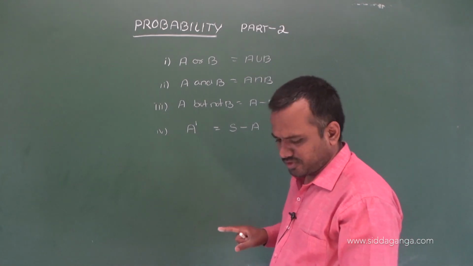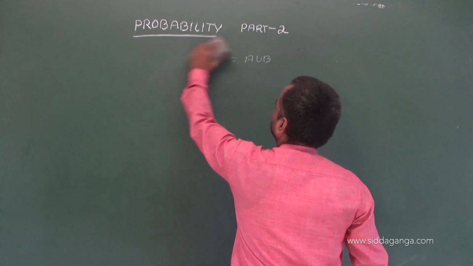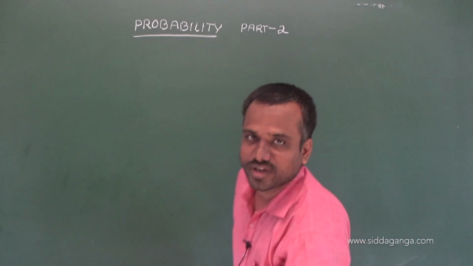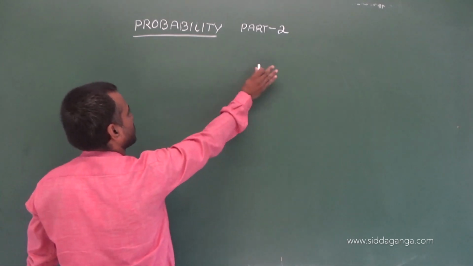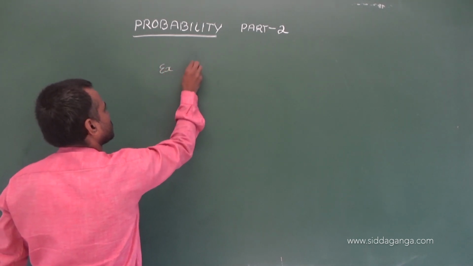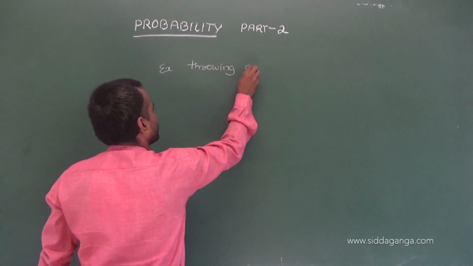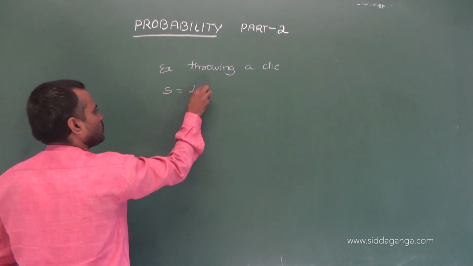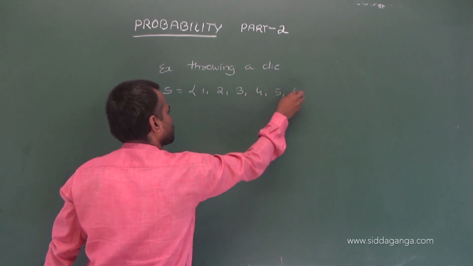After knowing this, two more very important events are there. Before I explain those two, once again I write one example: throwing a die. The sample space is 1, 2, 3, 4, 5, 6.